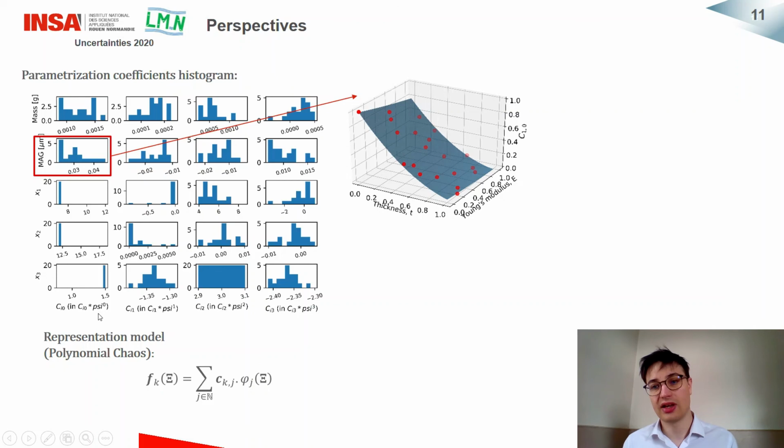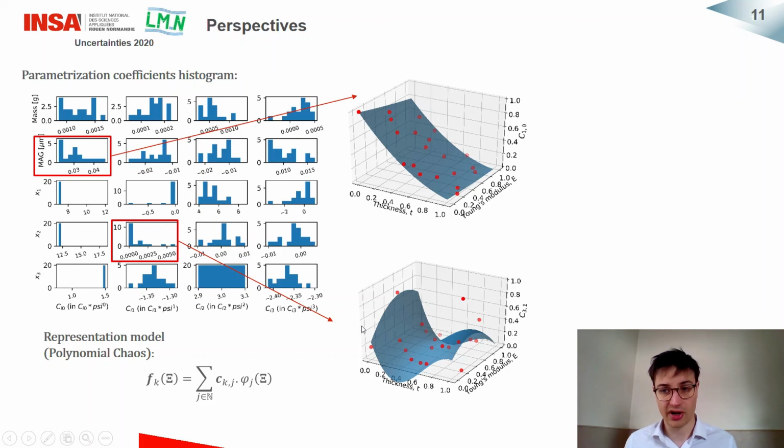So that's the idea. As you can see here for this first coefficient of magnitude example, we calibrate the hypersurface on thickness and Young modulus, and the same we do for the second design variable as well.